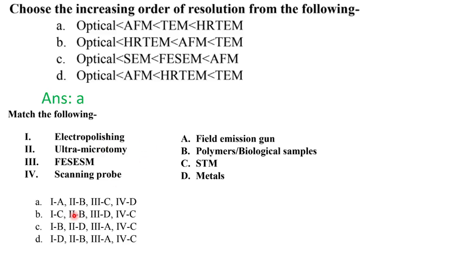Now, if you check B and D, for D, since it is metal, it is obviously electrically conducting. I don't need to make it electrically conducting. Now you got it? So the option is D, and then 2, ultramicrotomy, is B. Yes. So this is the most correct one.